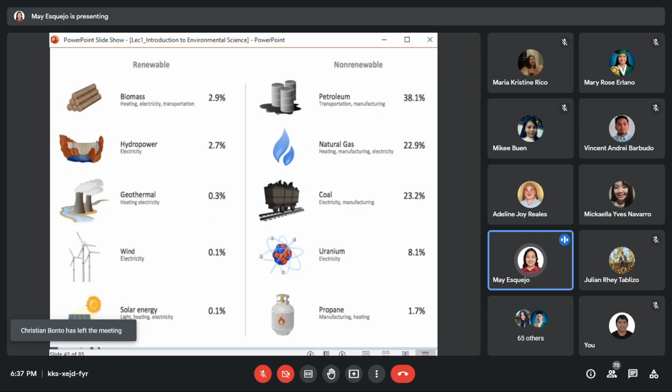So top of that, you can see which are those resources na mas nakokonsume or mas nagagamit. So you have the biomass and then petroleum. So for renewable, you have biomass, hydropower, geothermal, then wind, solar energy. For the non-renewable, okay, you have the examples of petroleum, natural gas, coal, and so on.